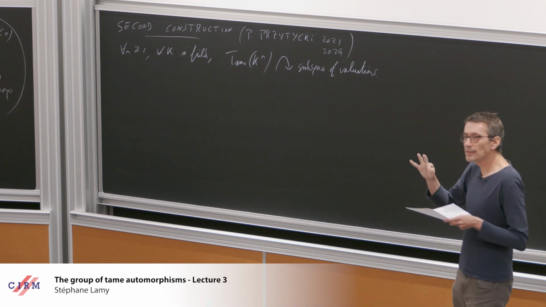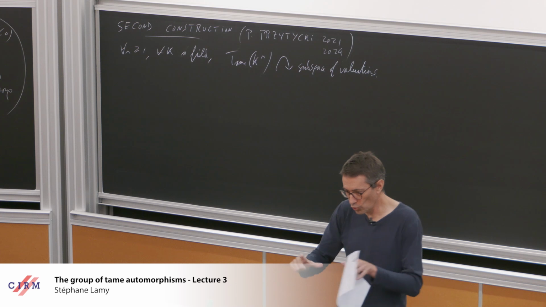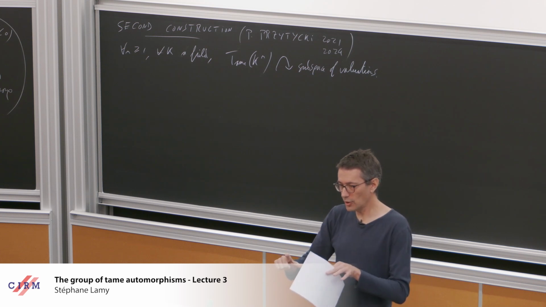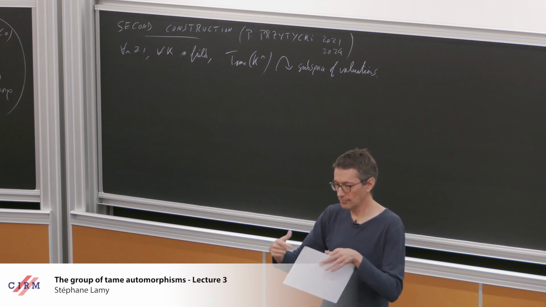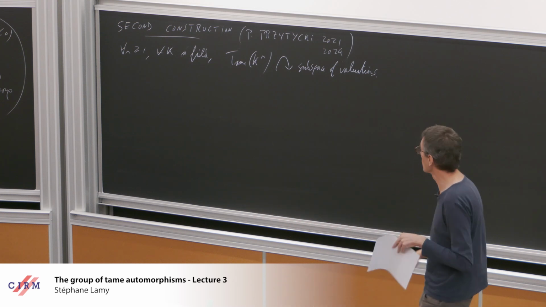So it acts on all valuations. I'm going to mention it, but the point is I'm going to choose some particular valuations so that I can put a nice metric on it, which will be CAT(0). I don't know how to do that on the full valuation space.